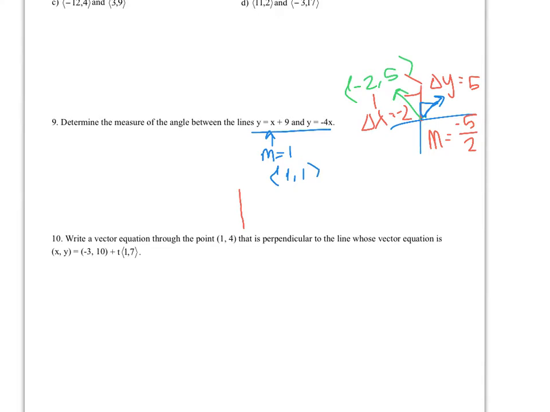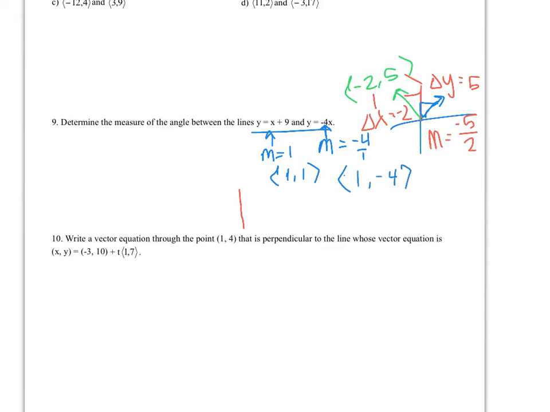And then this line right here, y equals -4x, we know that has a slope of -4. If we're thinking about this in terms of rise over run, it'd be -4 over 1, which means the component form of a vector that could represent that line would be x is 1 and y is -4.